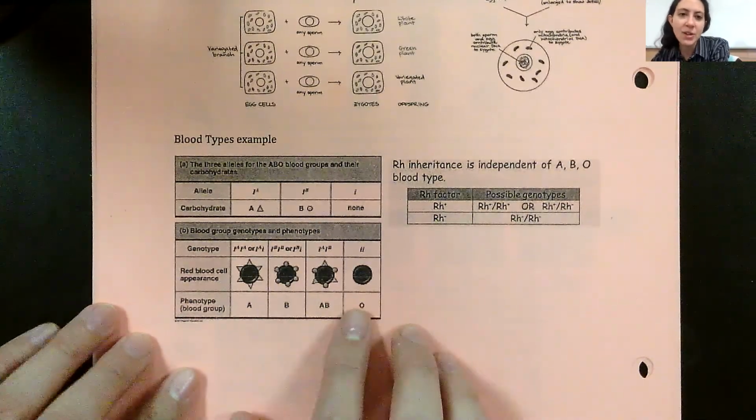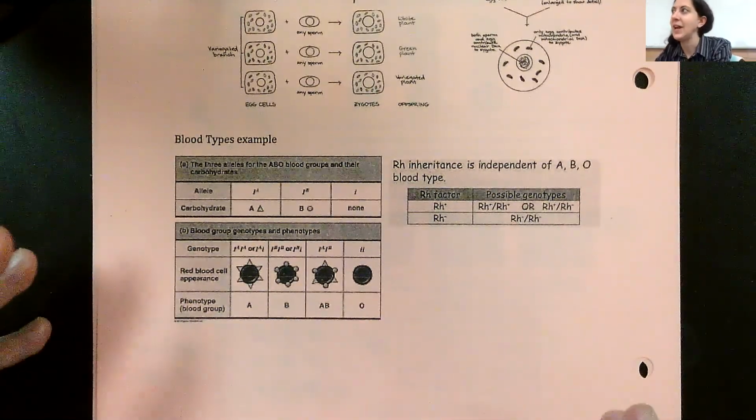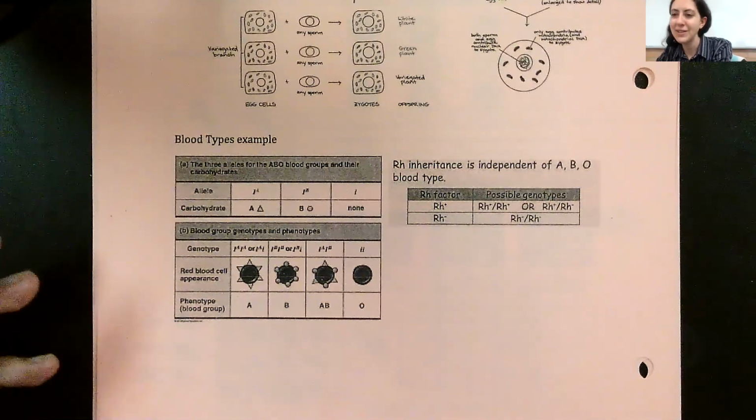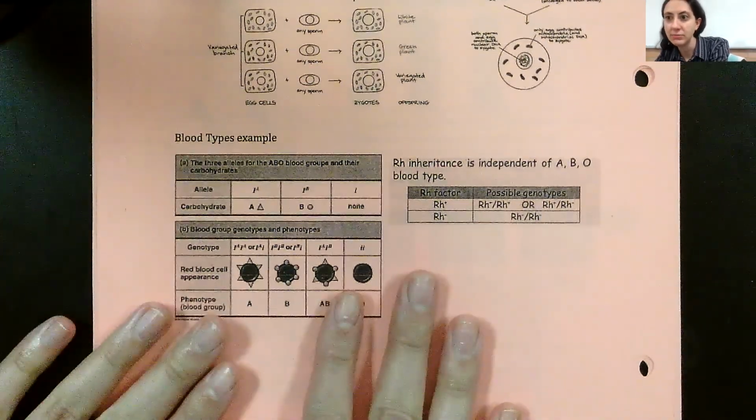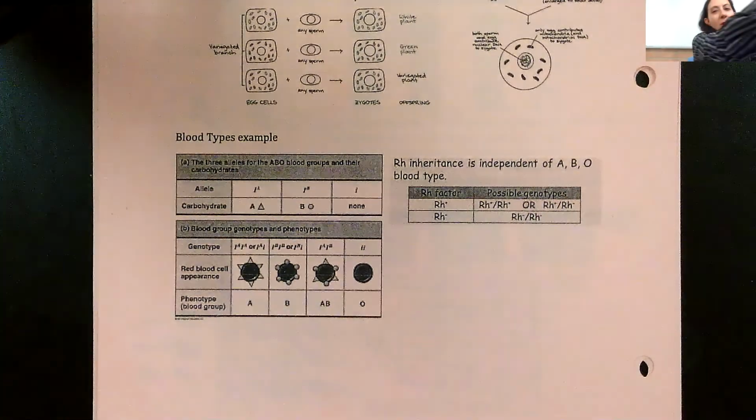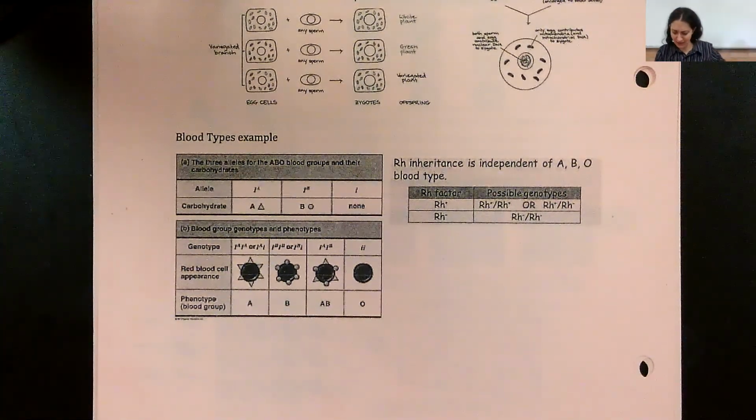Okay, so the way that blood types work, blood types actually have to do with carbohydrates. This is a unit 1 or a unit 2 thing. I think it's a unit 1. Carbohydrates on the outside of cells. I believe this is a macromolecule for sure. Lipids.